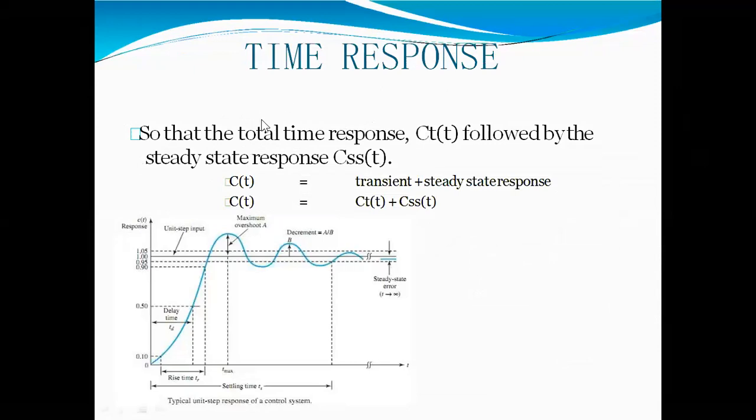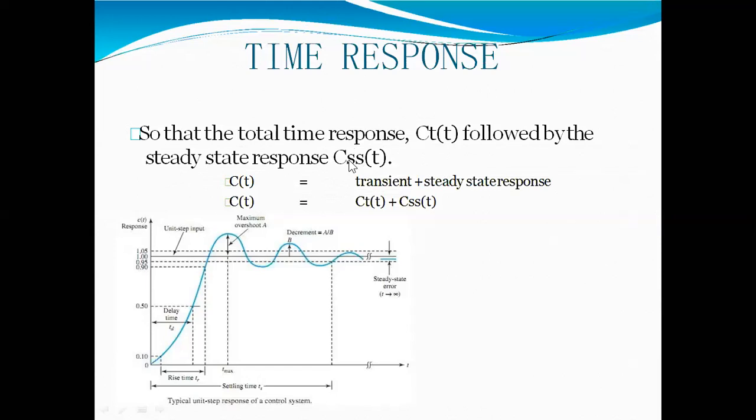The total response is represented by c(t), which is the transient response, followed by the steady state response css(t). Here c(t) represents my transient response, and css(t) represents my steady state response.